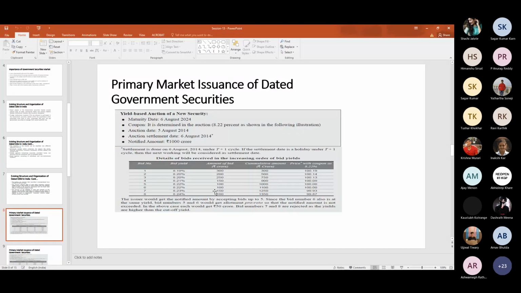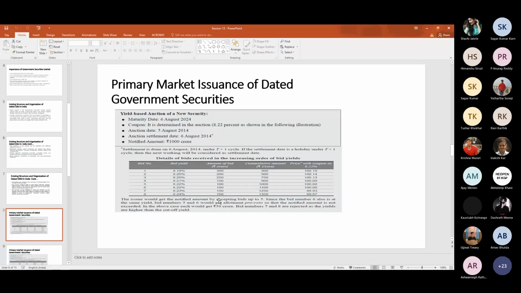And if two bidders of the same yield have gone for the bidding, then the allocation will be made on a pro rata basis. The same process we use for the treasury bills is also applied to dated government securities. That part I have already discussed with you.